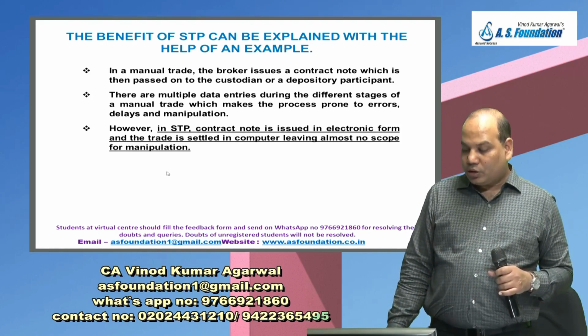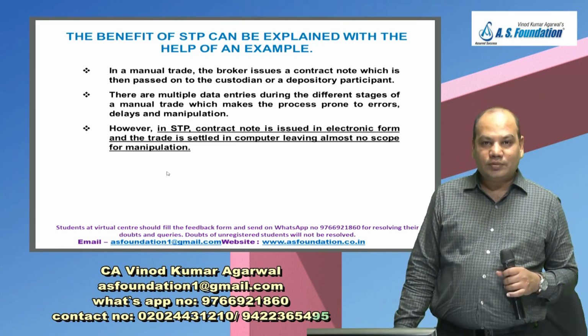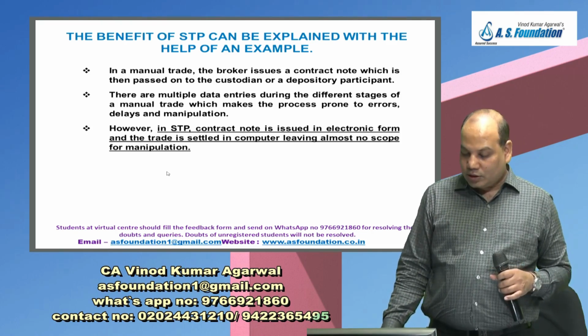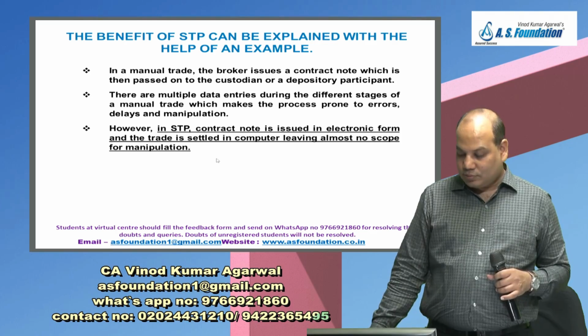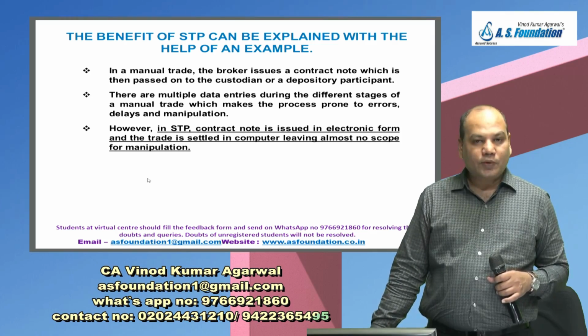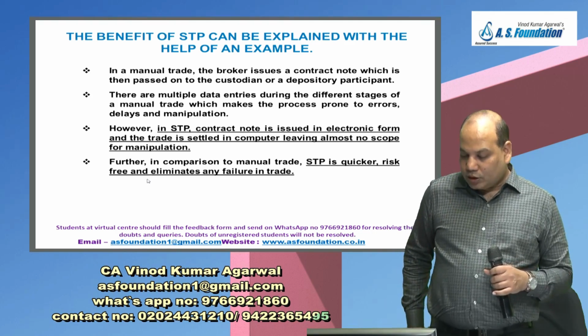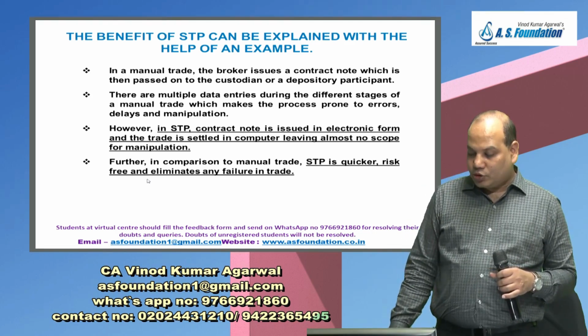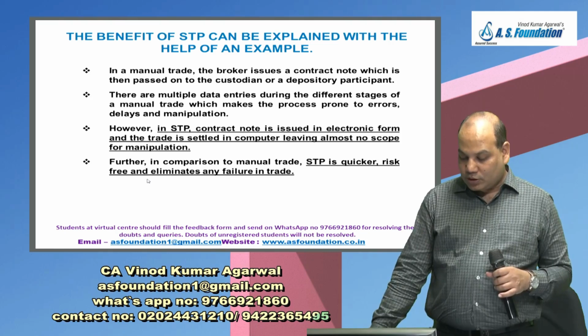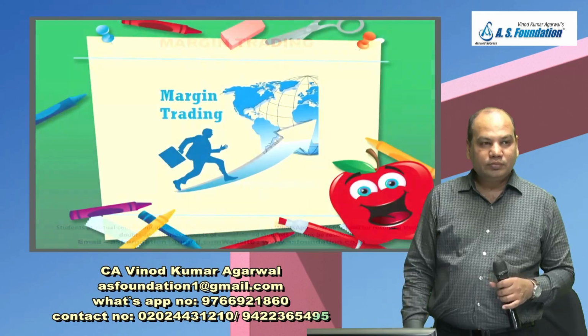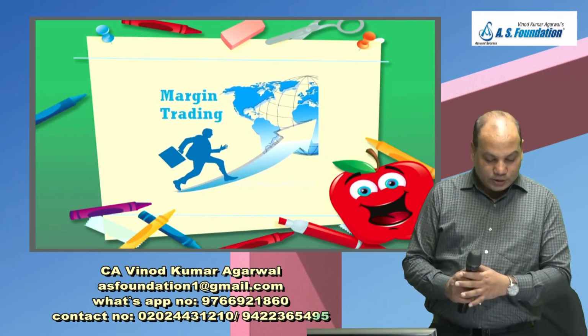In STP, the contract note is issued in electronic form and the trade is settled in the computer, leaving almost no scope for manipulation. In comparison to manual trade, STP is quicker, risk-free, and eliminates any failure in trade. So this is the note on STP.